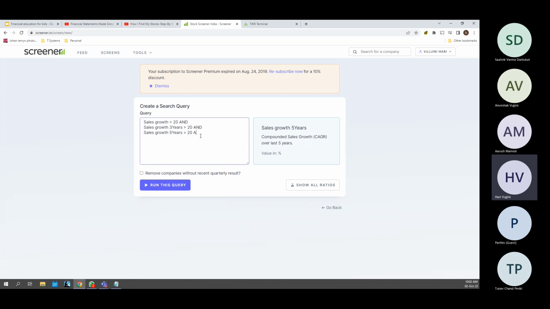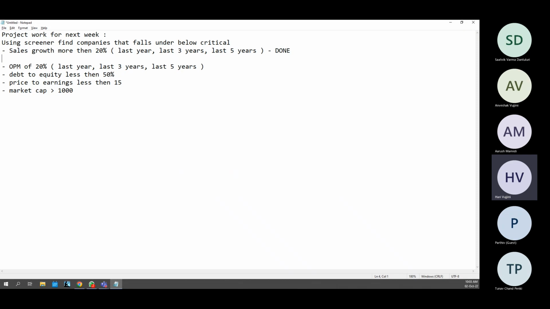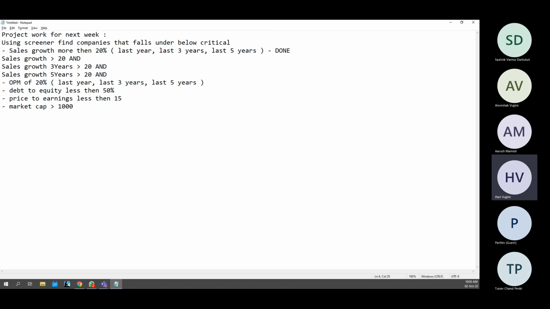When you enter 20, that means it's in percentage. And then what else were we looking for? That is done. We added this with three commands, three instructions.